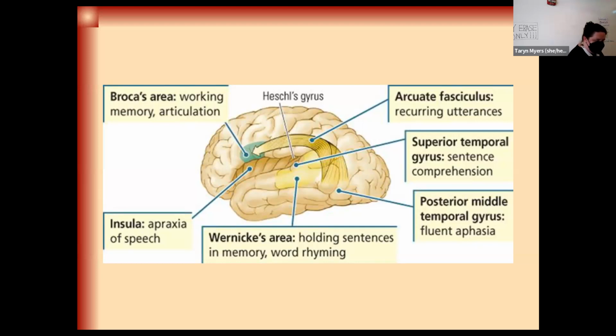Essentially, Broca's area usually holds that representation for articulating words. It communicates that to the motor cortex. So in transcortical motor aphasia, Broca's can still do that, but now its ability to tell the motor cortex how to do that is disrupted.